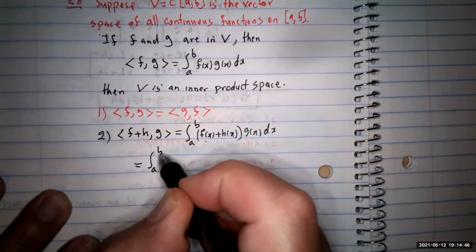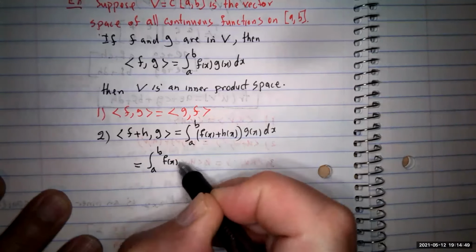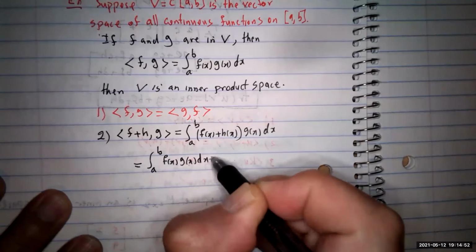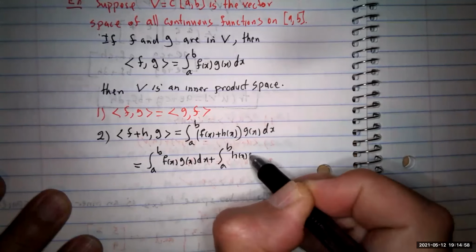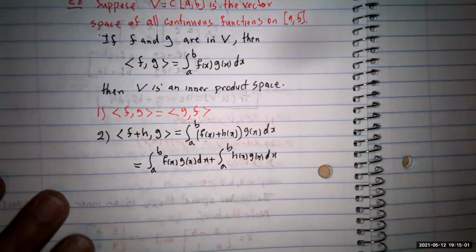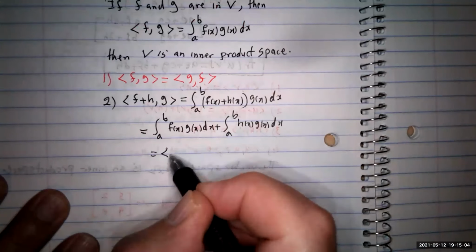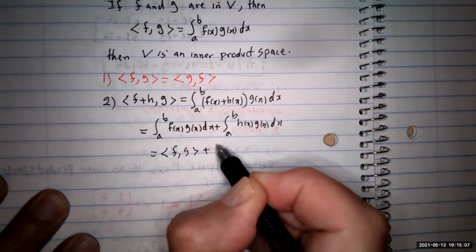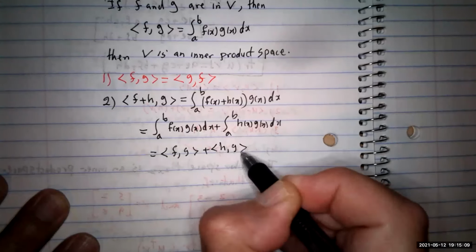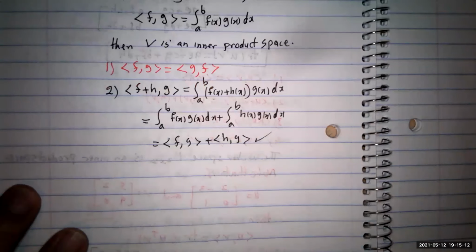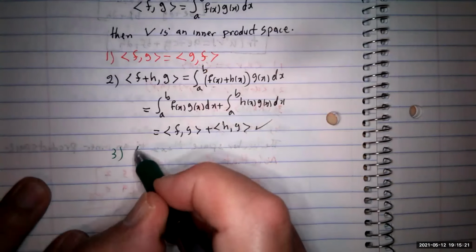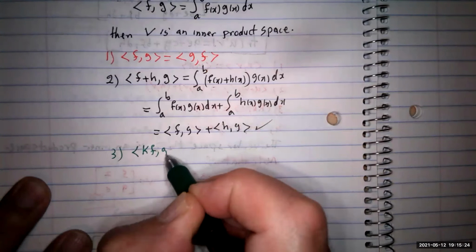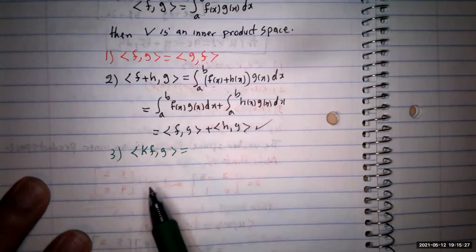It's going to be the integral from a to b of f of x g of x dx plus the integral from a to b of h of x g of x dx. The first one is the product of f and g, and the second is the product of h and g. So the second condition is easily satisfied. And the third condition is obvious: if you have a constant, you can pull the constant out of the integral.